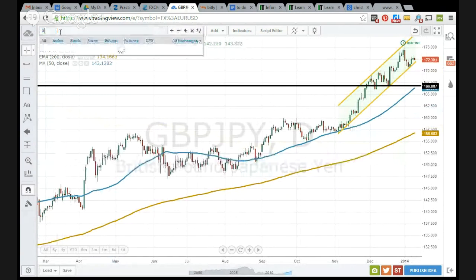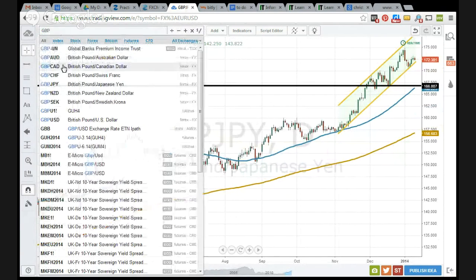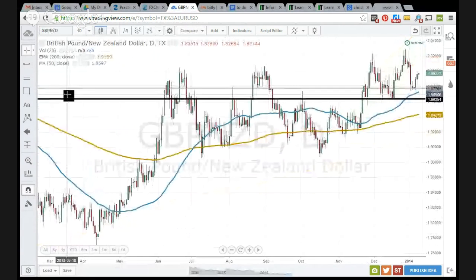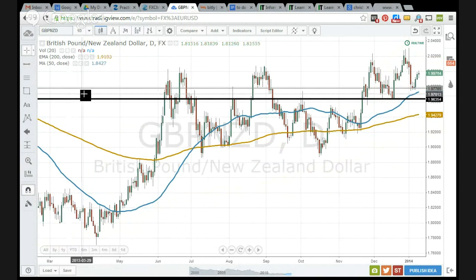Pound has really been on a roll, and as I've said repeatedly, if I'm in the trend, I'll need less of a pullback to add to it. However, if I'm not in a position, I really want to get started after a nice size pullback. Pound Kiwi, same situation here, waiting for the pullback.